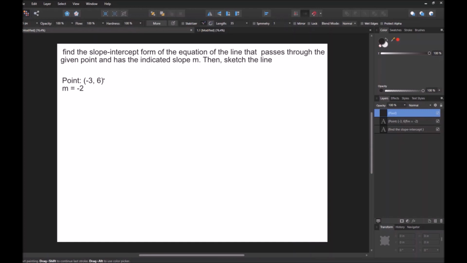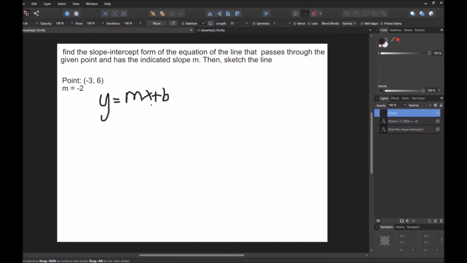Alright, so in this next question we are asked the exact same thing, but our point now is negative 3, 6, and our slope is negative 2. So I'm just going to write the slope-intercept form of an equation with everything as variables so we know what we're looking for.